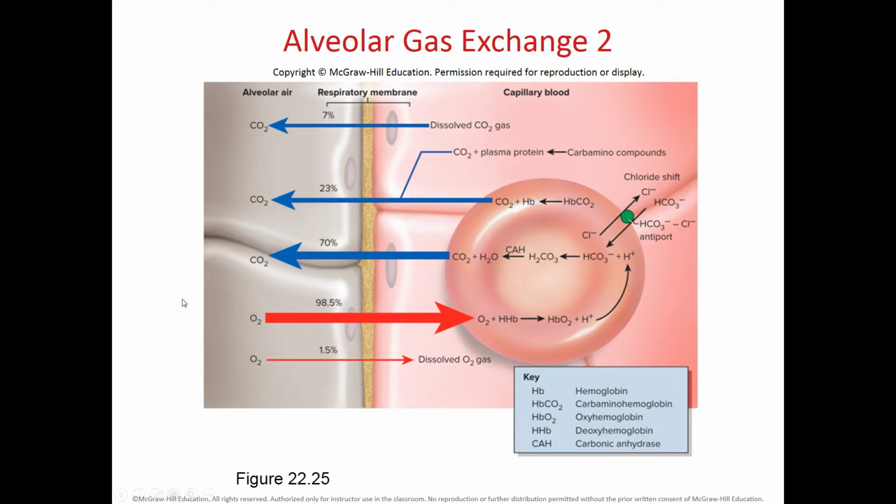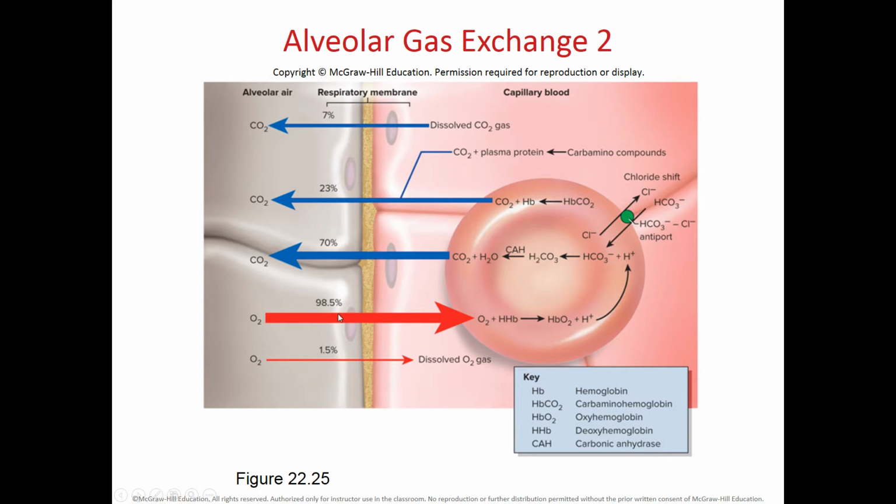So this is what happens in gas exchange in the alveoli. Here we have a little chamber in the lungs that is called the alveoli. You will see later in this chapter how they look. The alveoli is filled with air.